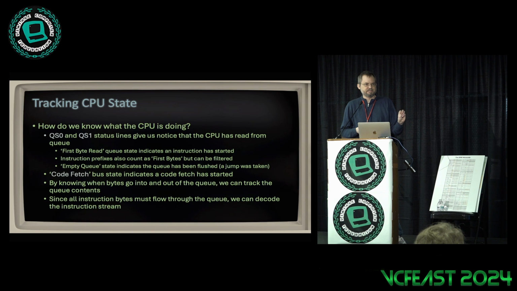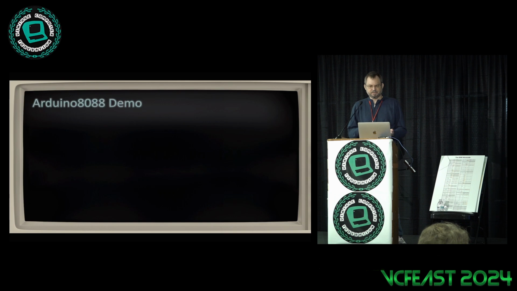And when it did, it would just yoink the data out of the data bus while the CPU fetched it. It's very clever, but it just so happens to give us all the information we need to control the CPU remotely. Since we know when the bytes go in and we know when the bytes come out of the queue, we can track the queue contents, and since all instructions go through the queue, we can literally decode, disassemble the bytes.